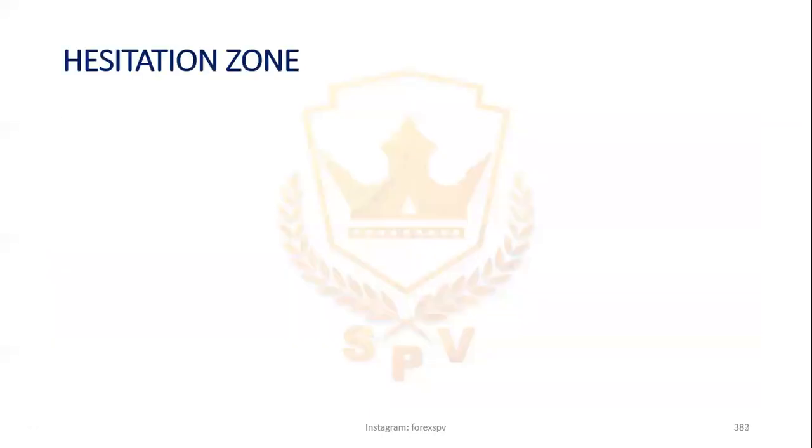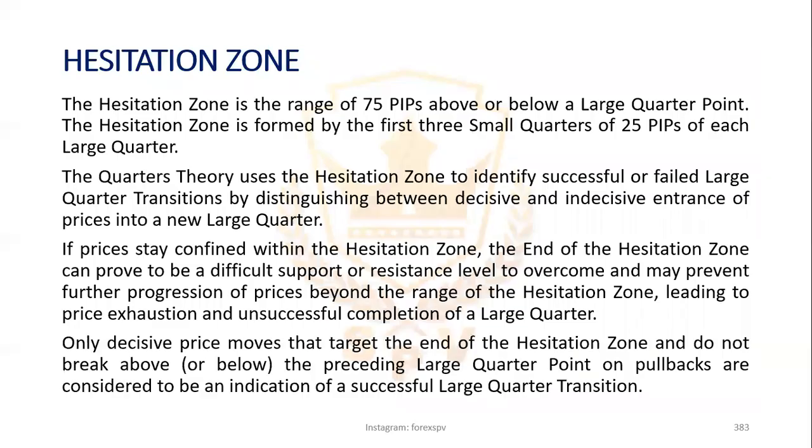So we have what we call the station zone. The station zone is a range of 75 pips above or below a large quarter point. So the first three small quarters of 25 pips make up the station zone.